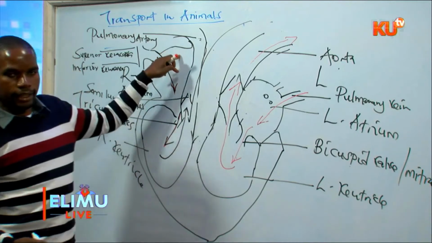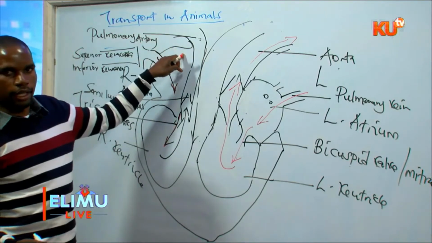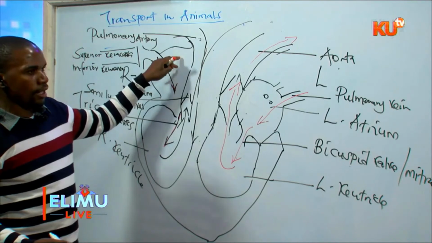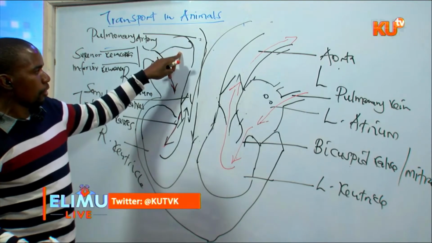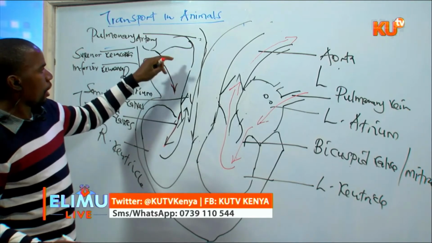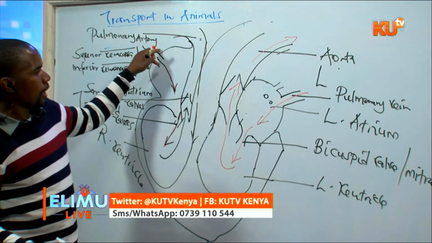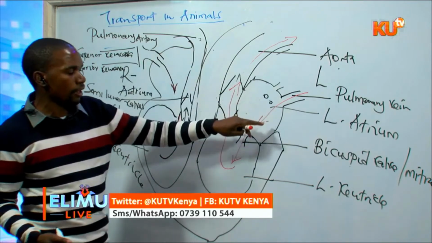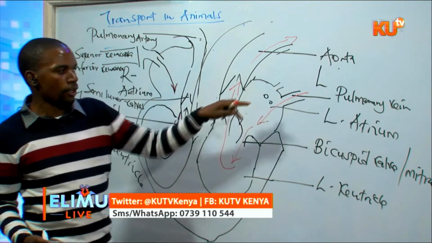Now the pulmonary artery is carrying blood to the lungs, whereby blood is going to be oxygenated. After oxygenation, blood is going to come back into the heart through the pulmonary vein.